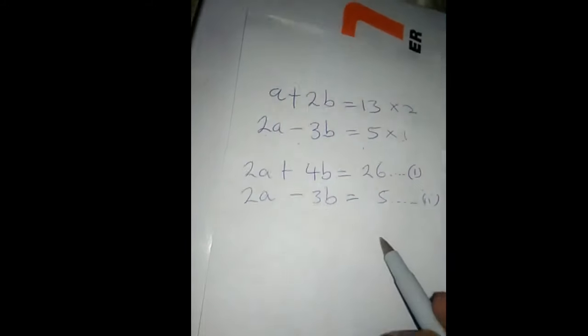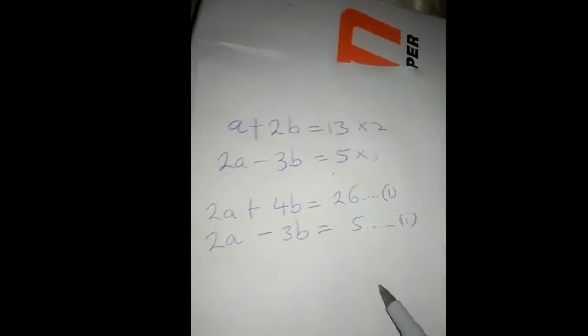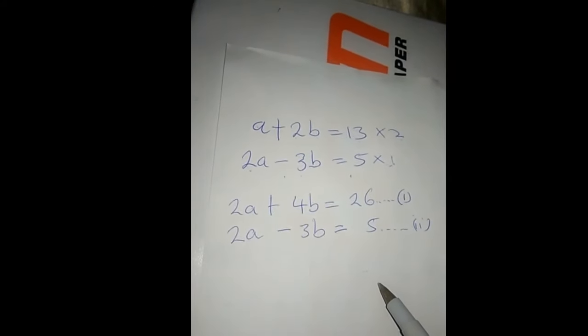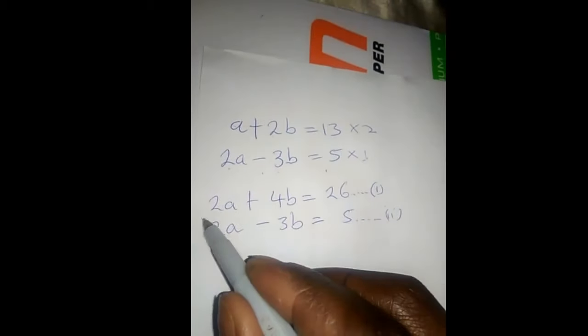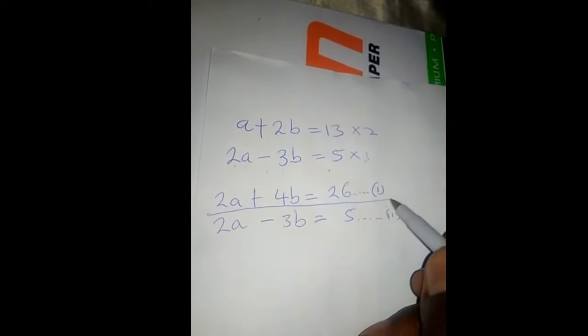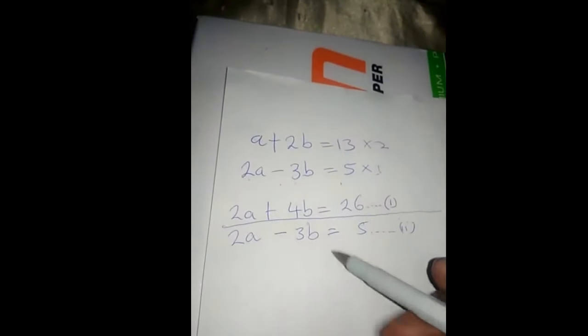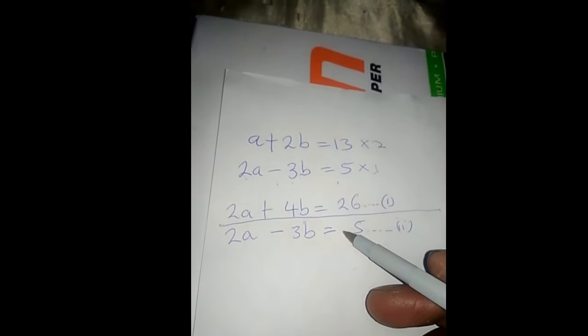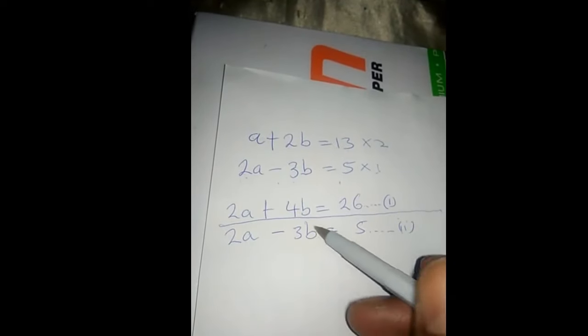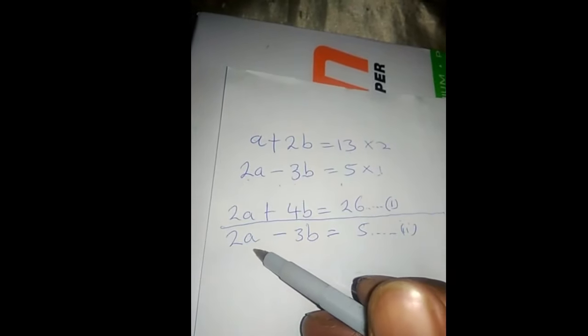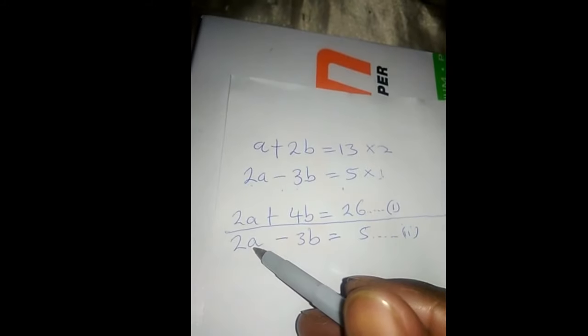And the next step is that we put a line, but it will be a subtraction line. The purpose of doing this is that our aim is to eliminate a.